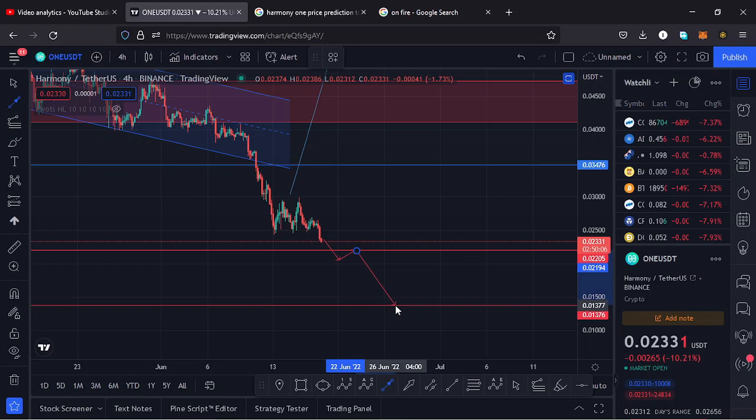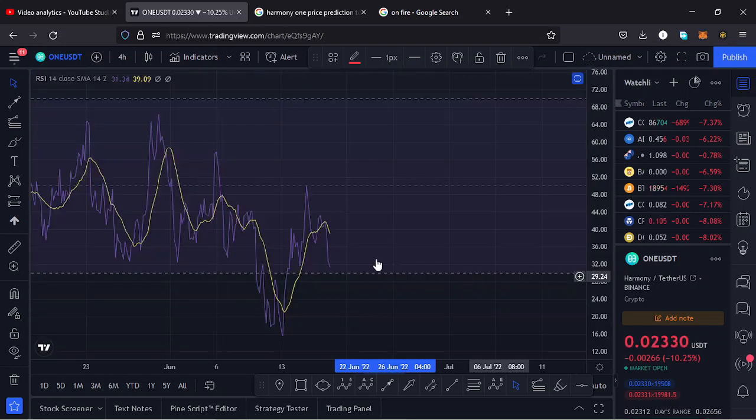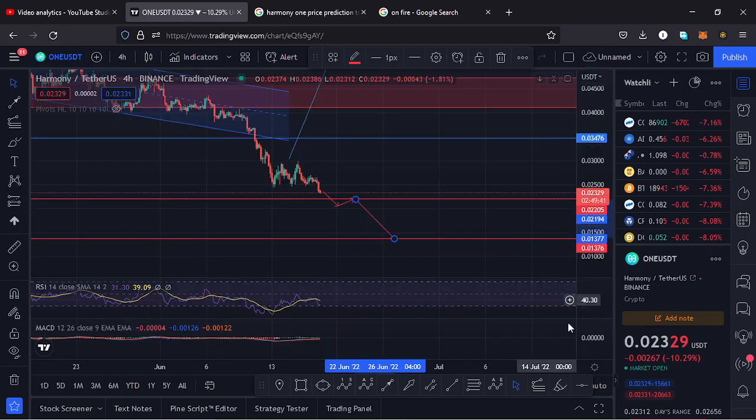I believe that move won't play out because on the RSI we can see that we are massively oversold. So that means that we have room for us to continue pushing the market to the upper side, though we still have downward potential because we might break to the lower side of the RSI and go to around the 20 mark. So it's still a possible move.